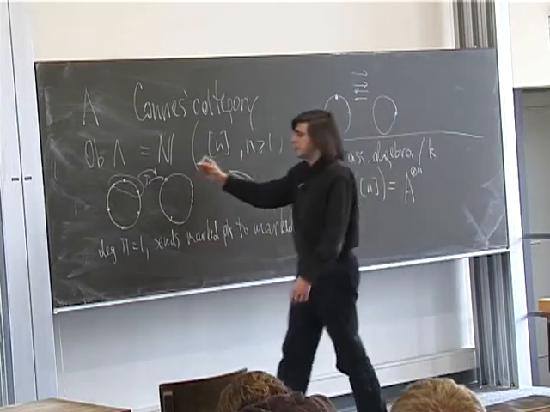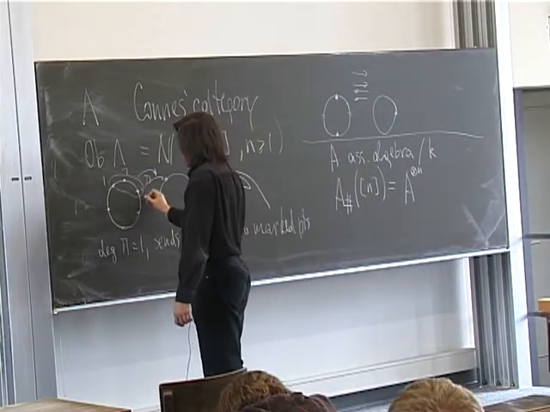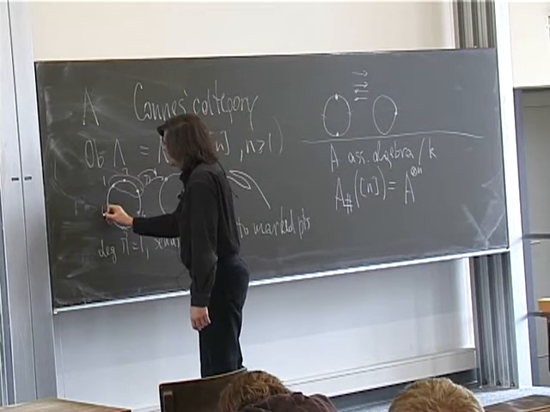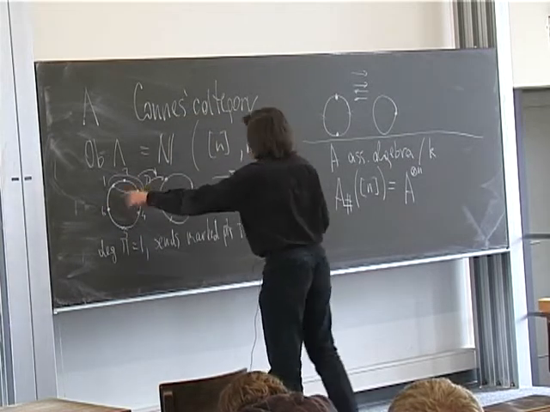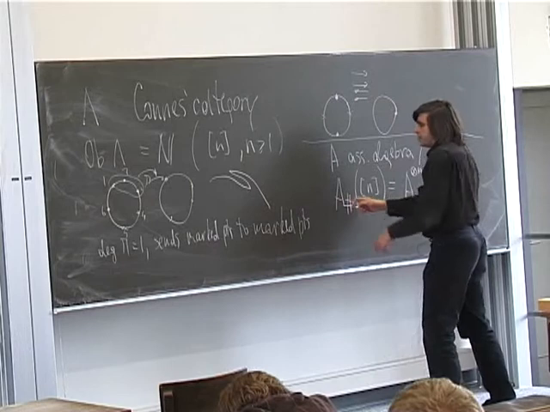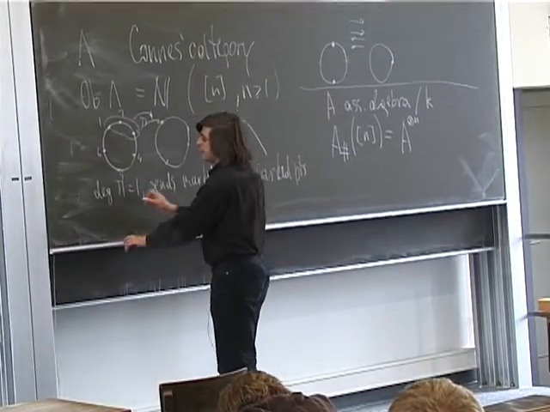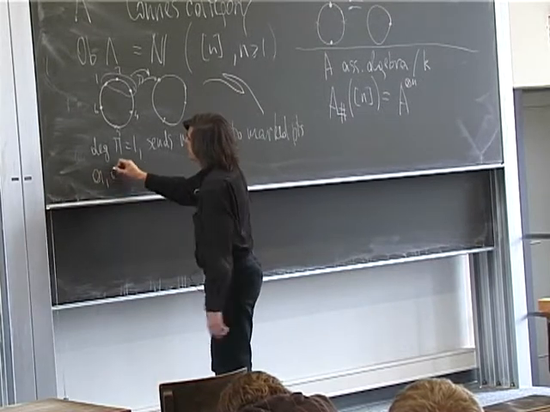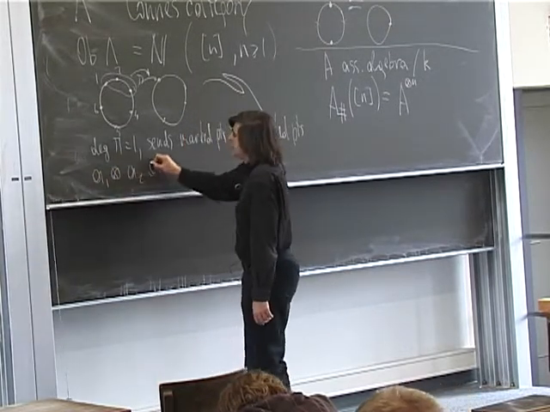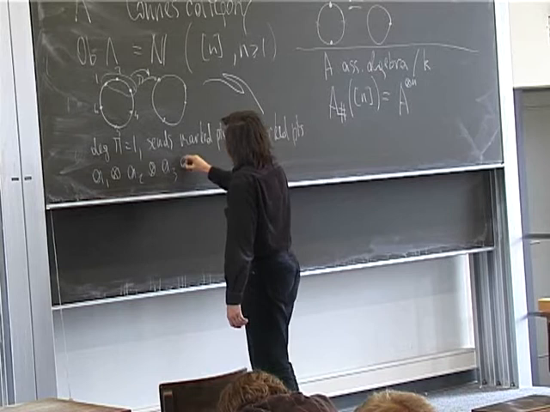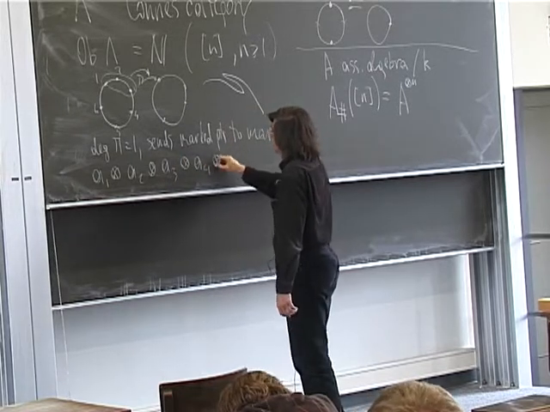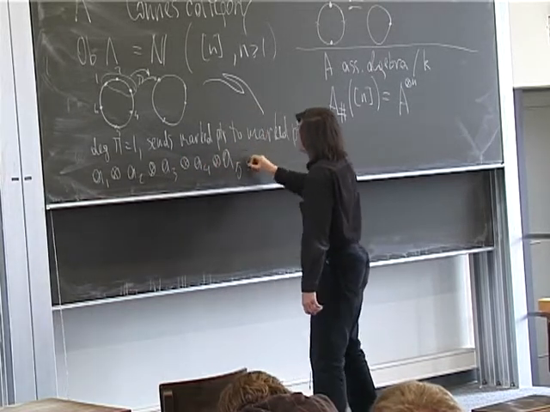So just an example. So 1, 2, 3, 4, 5, 6. So a typical element in A hash of this wheel would be just a tensor product A1 times A2 times A3 times A4 times A5 times A6.